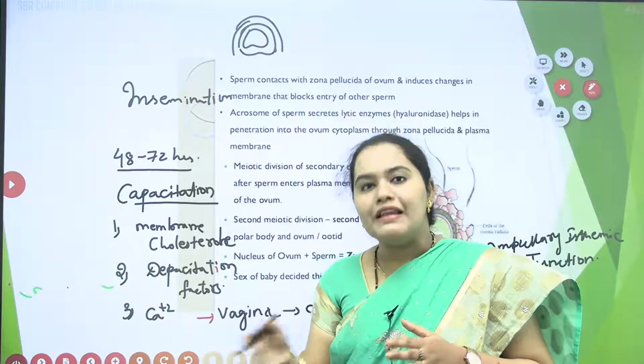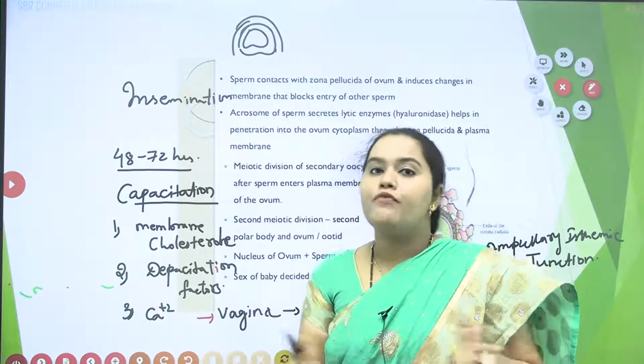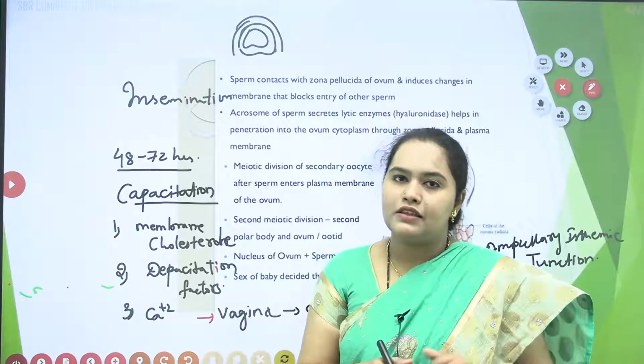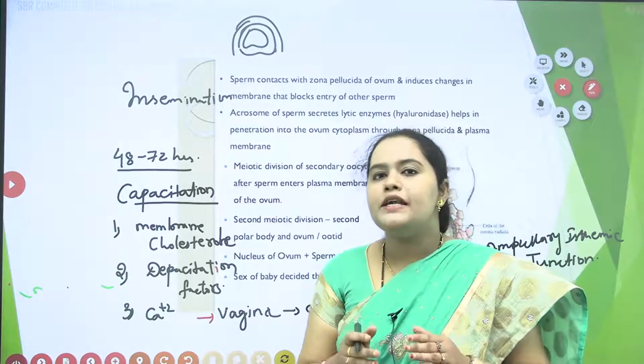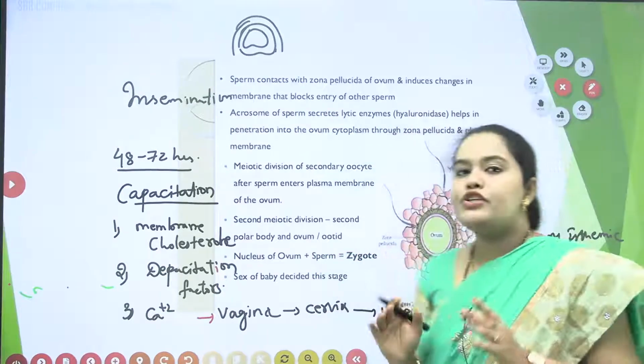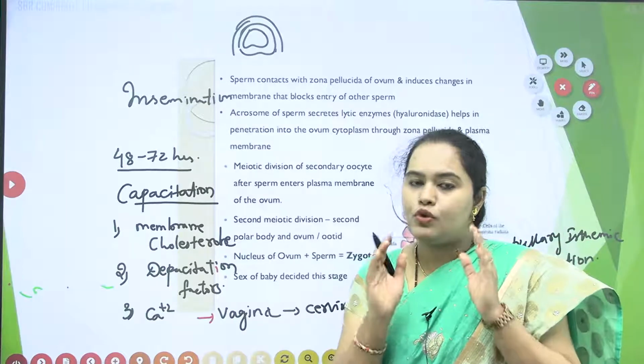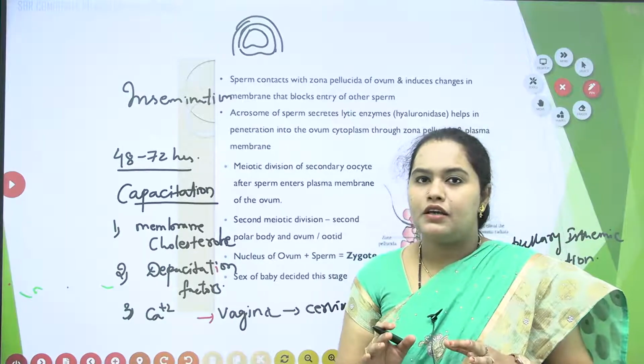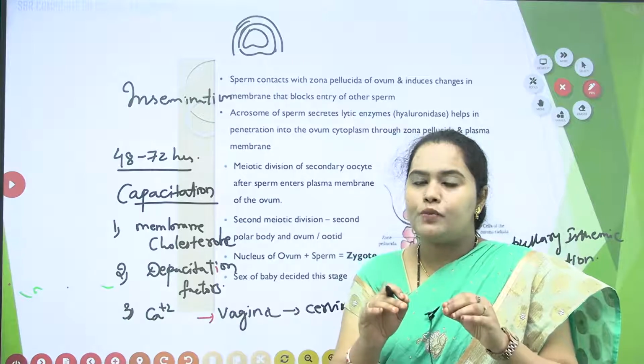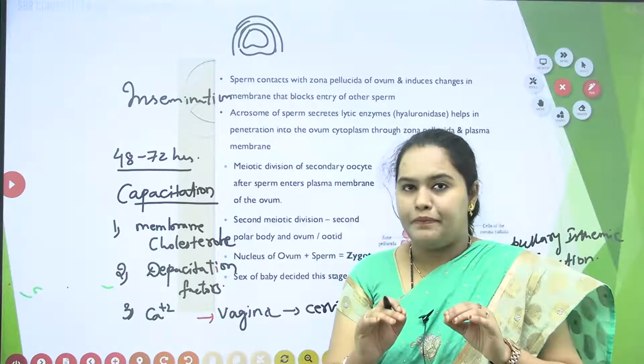The ova will be released out after a period of time, as we read in our previous class, in the menstrual cycle. That is why both the gametes should be there and should move simultaneously, at that particular time.